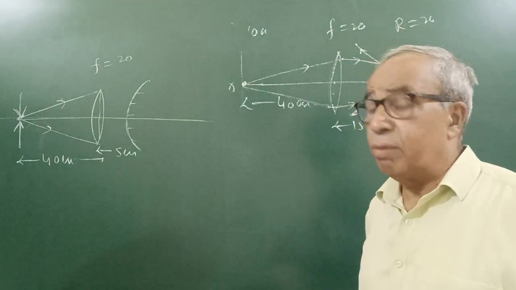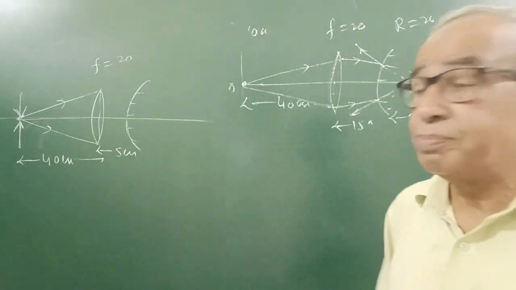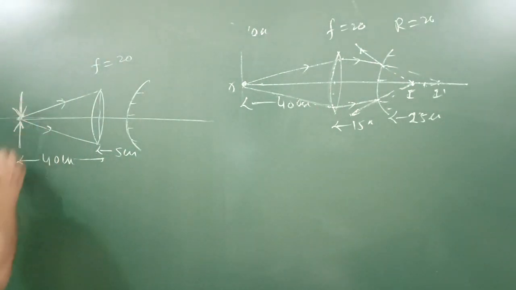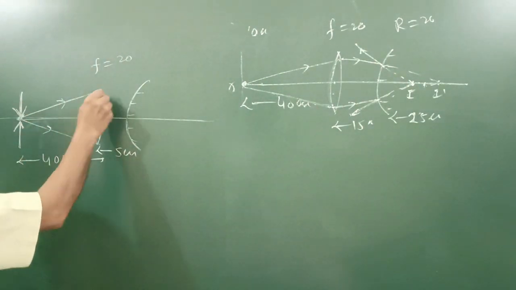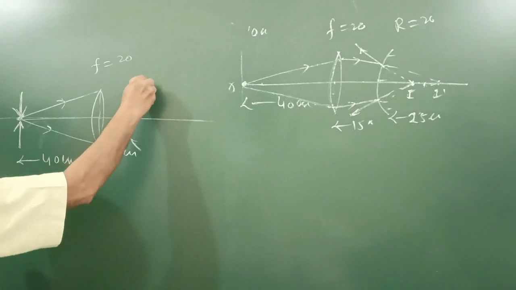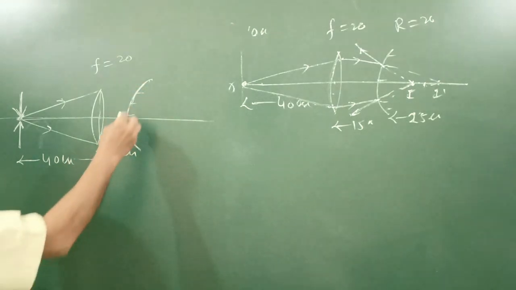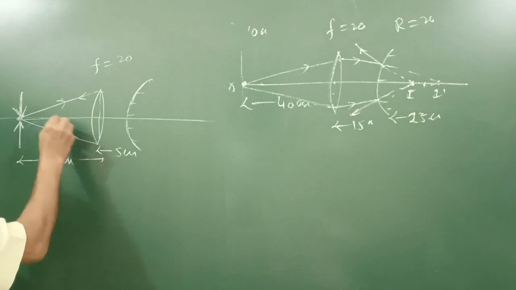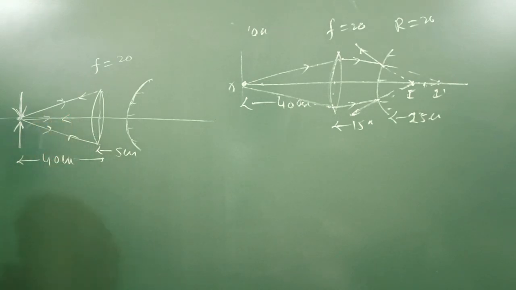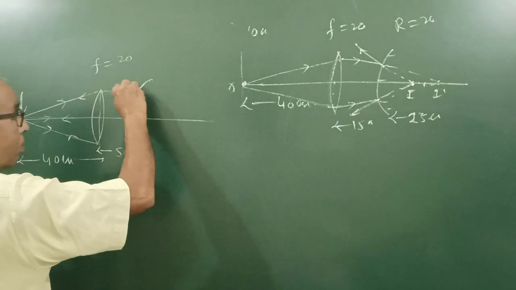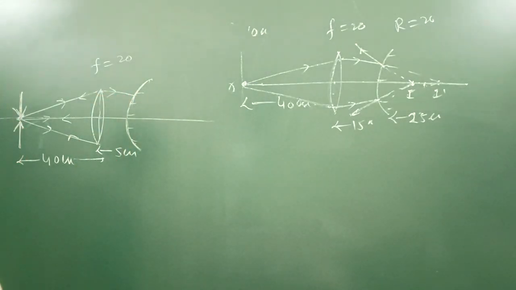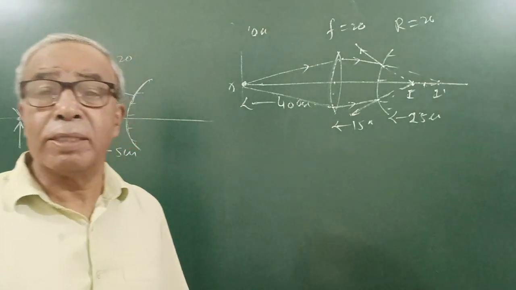This question I gave in the pre-board exam. So for the image to be formed here only, the rays after refraction must fall on the mirror in such a manner that they follow the path back, then it is only possible. A ray falling on a mirror normally is reflected back on the same path.